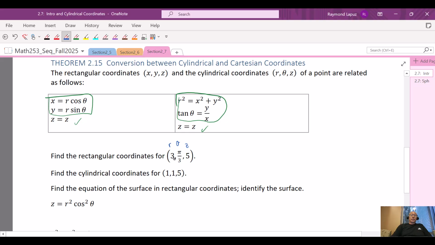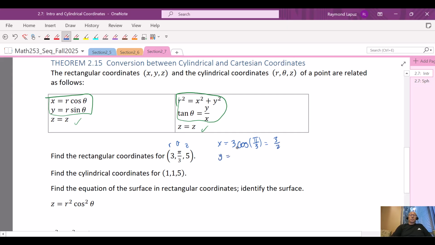So if we have r is equal to 3 and theta is equal to pi over 3, then our x is going to be equal to r times cosine of theta. So this will give us 3 times cosine pi over 3. Cosine pi over 3 is going to be 1/2. So this is 3 over 2.